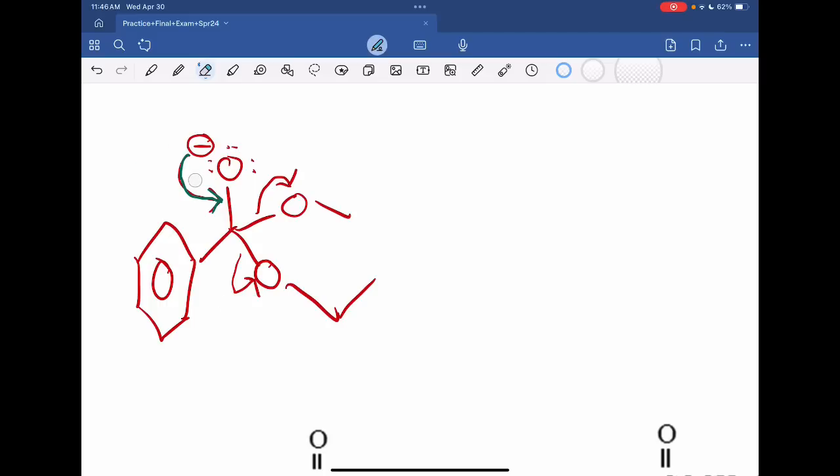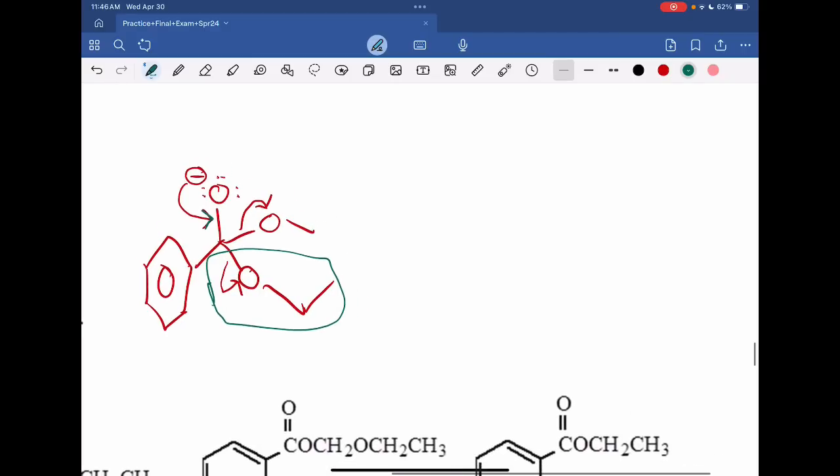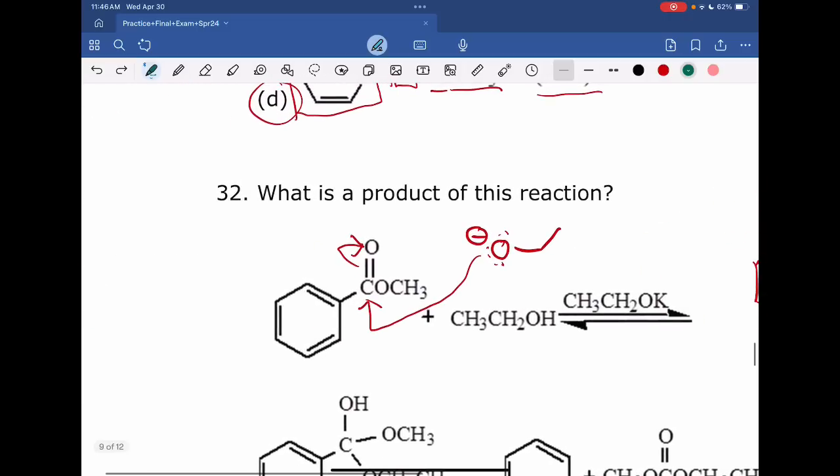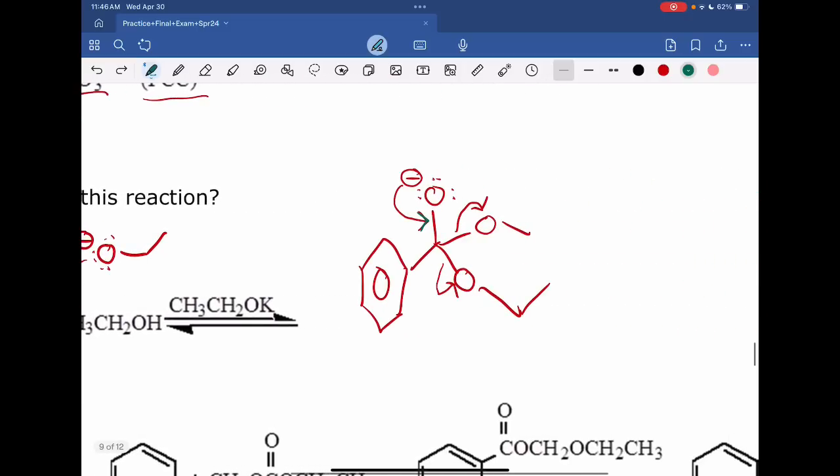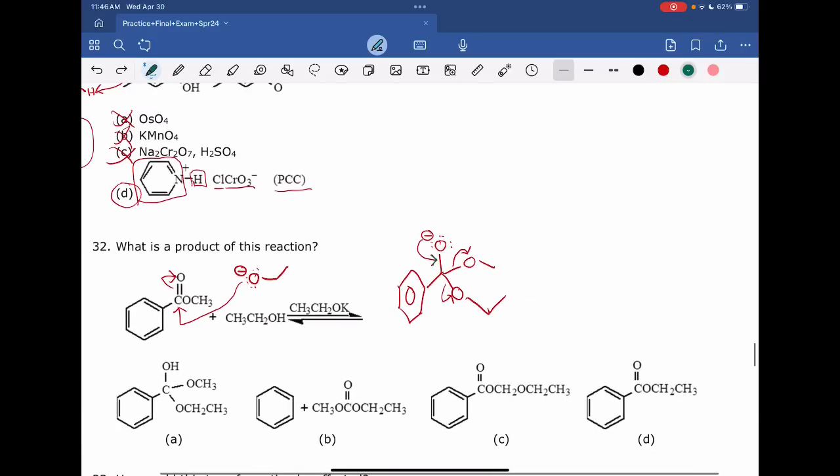Now, they both can happen, but if the bottom one leaves, you just go back to where you started. If this leaves and you reform the double bond, you just go back here. It does happen, but you have to remember that you're in excess of this.